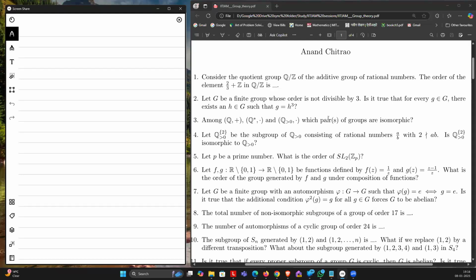If we do in Z3, 1 plus 1 plus 1 is 0. Is it divisible or not by 3?